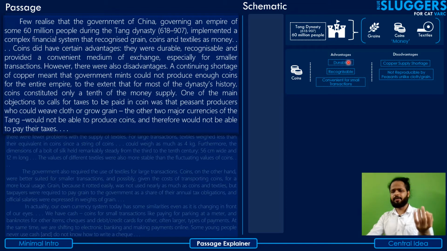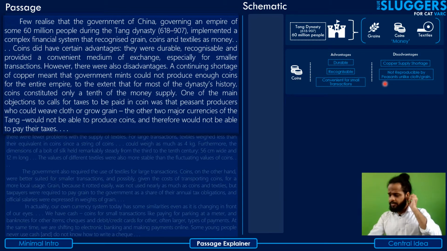In advantages, he notes that they are durable, they are recognizable, and they are very convenient for small transactions. But in terms of disadvantages, the raw material that coin is made from, that is copper, was short in supply, and hence the government never had enough of it to mint coins for the whole empire. In fact, so much so that throughout history, only a tenth of the money was constituted by coins. So that's the first disadvantage, short supply in terms of the raw material.